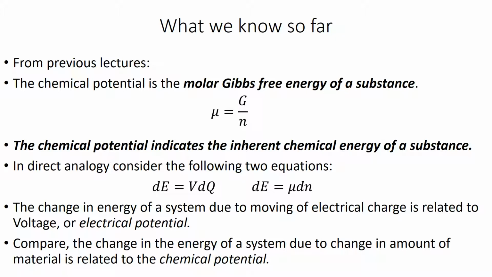The change in the energy of a system due to moving of an electrical charge is related to the voltage, also known as the electrical potential. Now compare that to the other equation. The change in the energy of a system due to change in the amount of material is related to the chemical potential. So that is something to mull over.